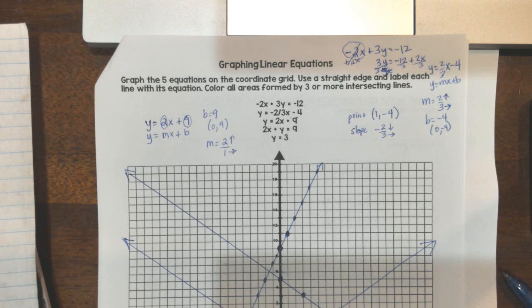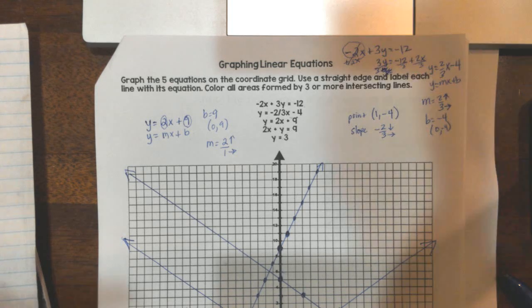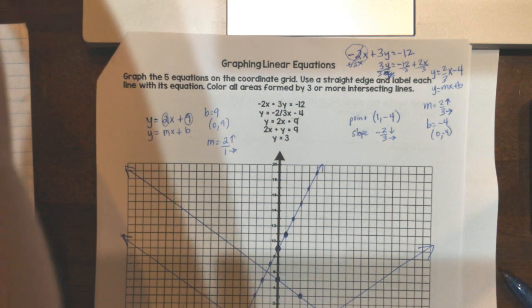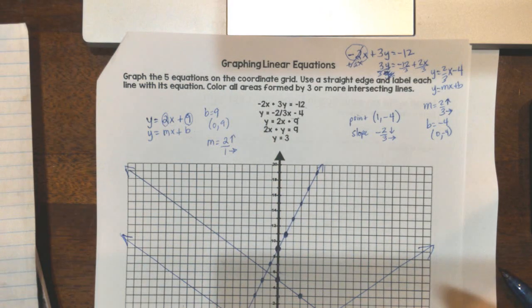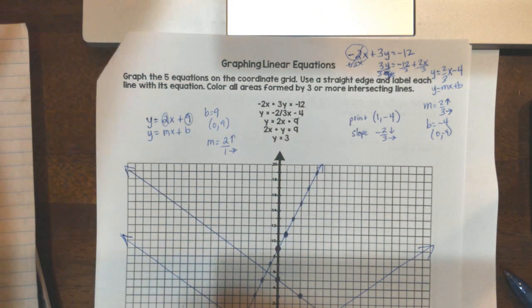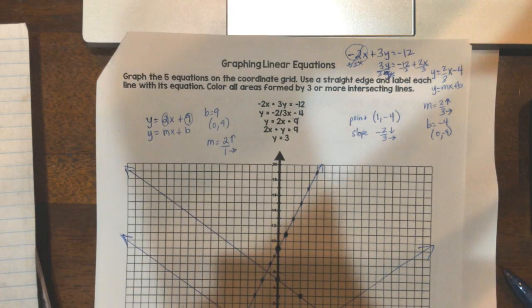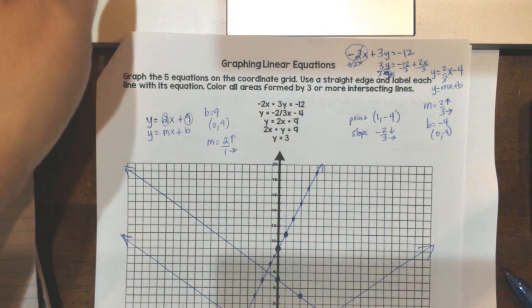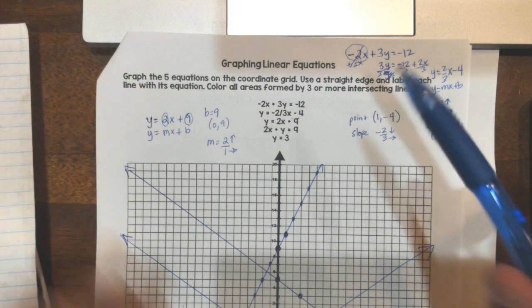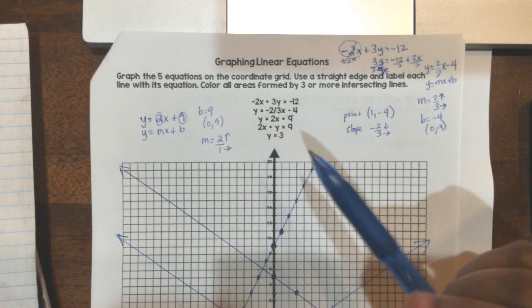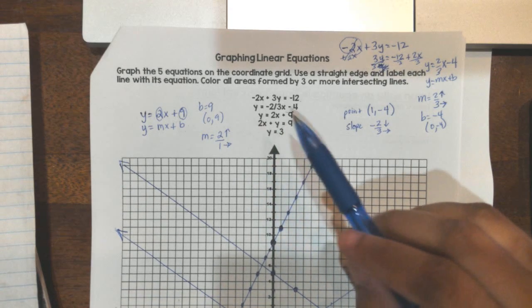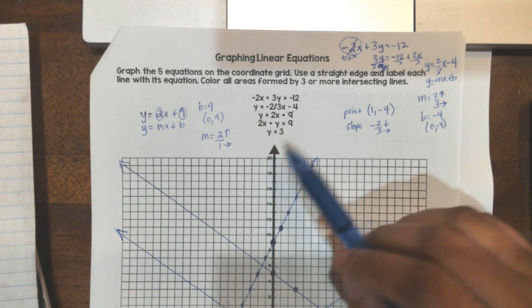Now, horizontal and vertical lines. The equation y equals 3 is a horizontal line because for every x, y is 3.